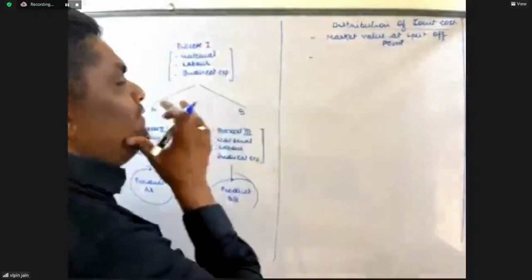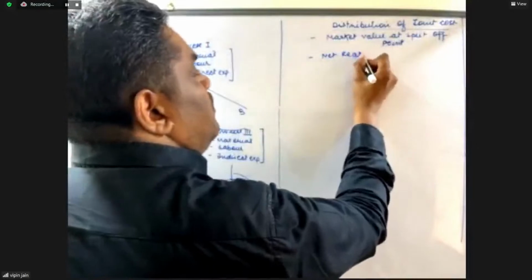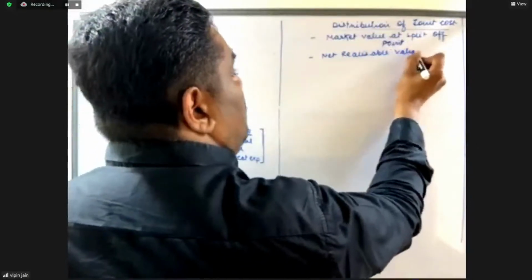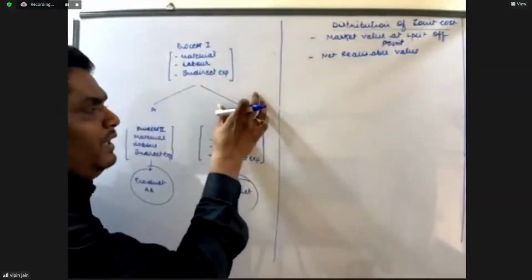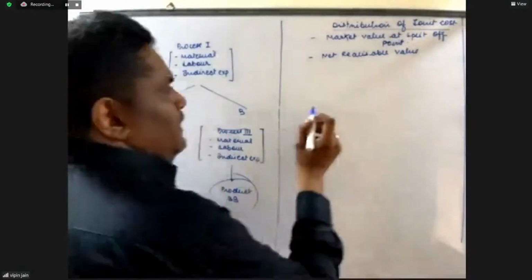The next method, we call it the net realizable value method. We will calculate the net realizable value of product A and B. Now the point is how to calculate the net realizable value.